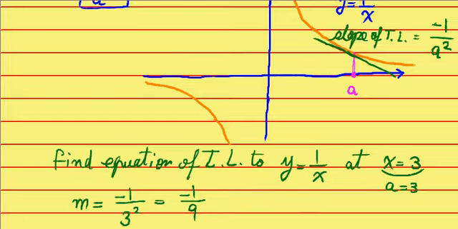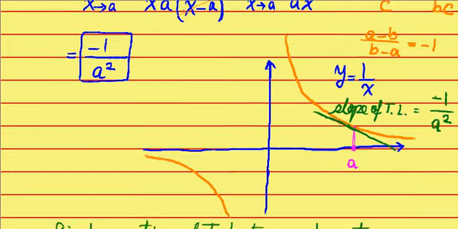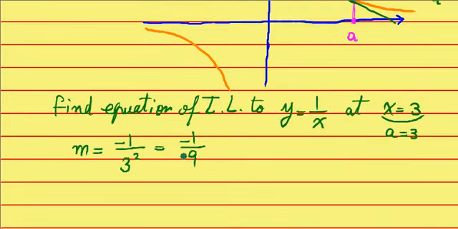So for a problem like this, I really need to start from the beginning and go through all of that. I have the slope. Now, once I have the slope, I ask myself the following question. Here, x is equal to 3. What is y? Well, the y coordinate comes from here. y is equal to 1/3. So I have the slope, I have the point.